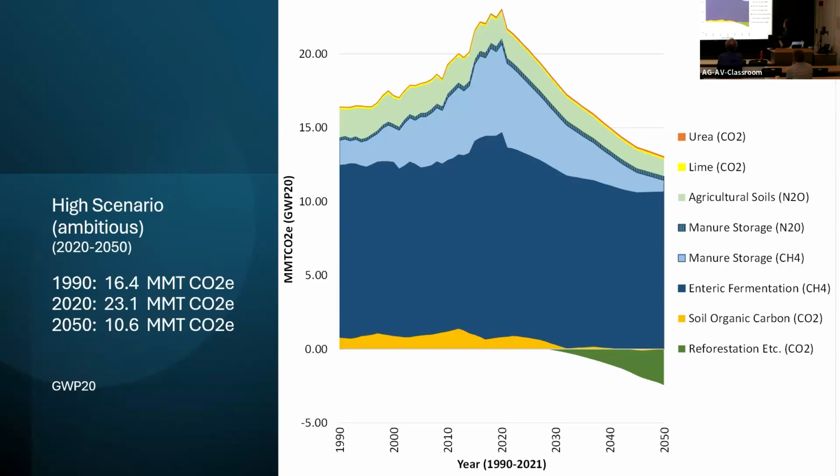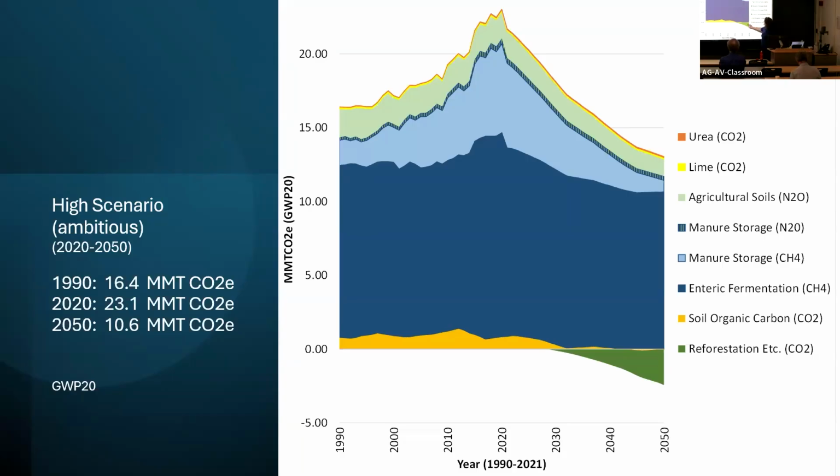And you can see where 2020 is, right? This is basically where the analysis pivots from the inventory to the future scenarios. You can see the ways in which these are reduced in the high mitigation scenario. Notably, there's a significant increase in the sequestration by reforestation, and this graph continues into the future before it plateaus.